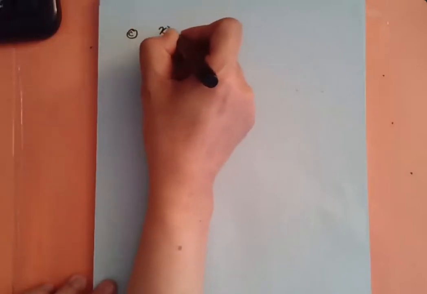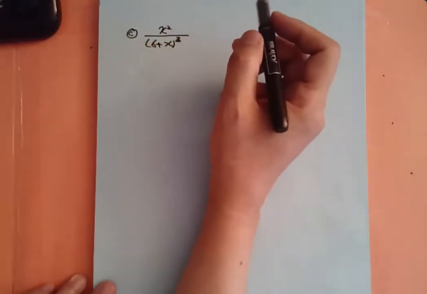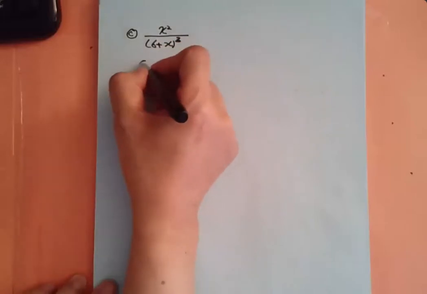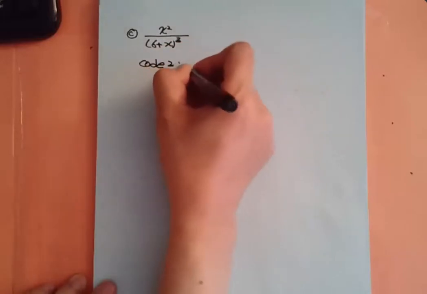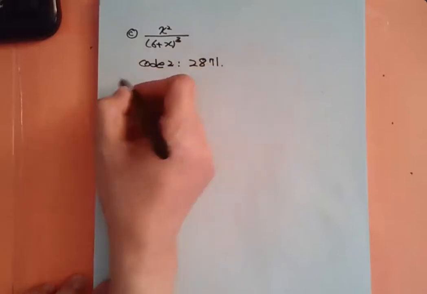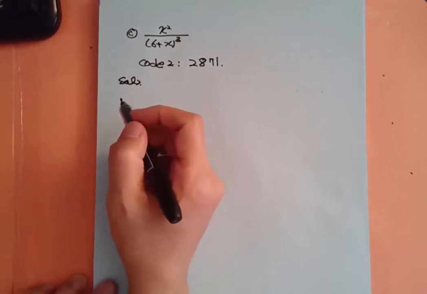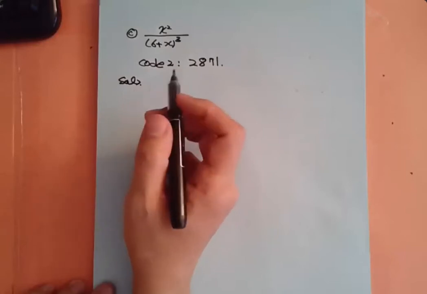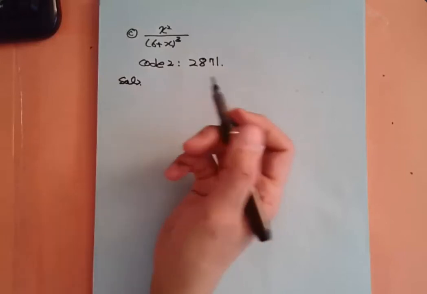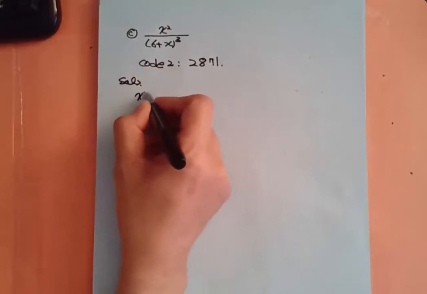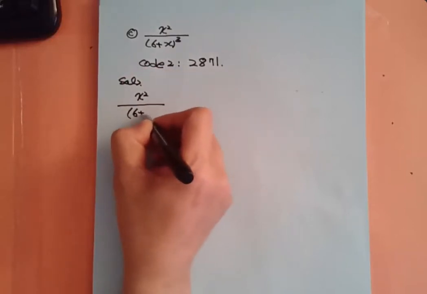The next one is x squared over 6 plus x cubed. So in this case, that is just x squared over 6 plus x cubed.